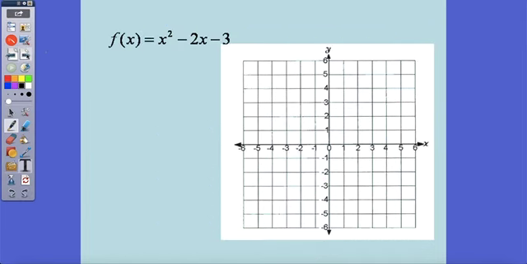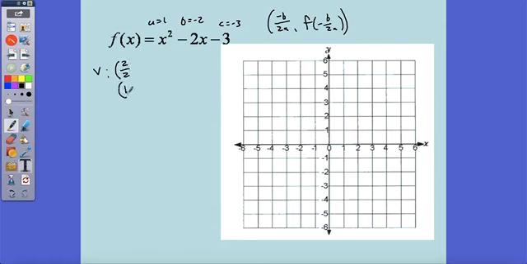All right, last problem. x squared minus 2x minus 3. So find our vertex. That would be negative b over 2a, f of negative b over 2a. So we have, remember, a is 1, b is negative 2, c is negative 3. So negative b over 2a would be 2 over 2, which is 1.